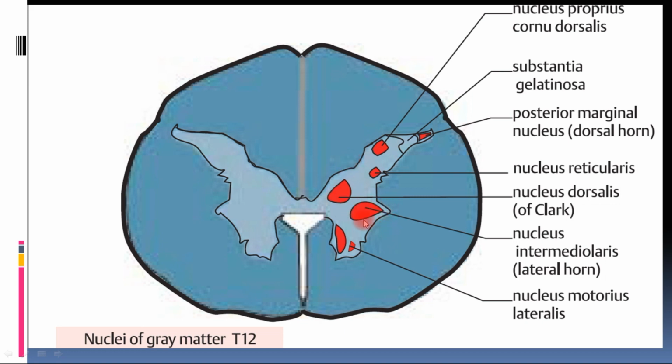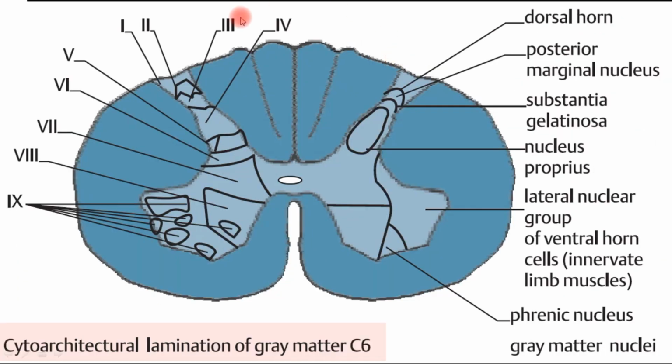The lateral column, the nucleus intermedullaris, is responsible for the autonomic output, and the anterior horn is responsible for the motor output to the somatic muscles. The somatic motor output, or voluntary control of the muscles, is done by the anterior horn of the spinal cord.